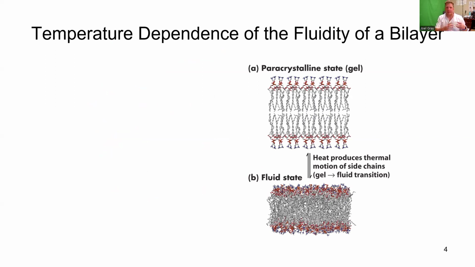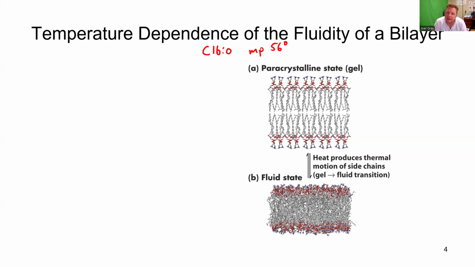What that means is that if you've got a bunch of C16:0, and I'm just making an estimation here, it's going to have a melting point of about 56 degrees Celsius. So this is going to be a solid at room temperature. As you get to 56 degrees Celsius, that solid is going to liquefy and form a liquid.